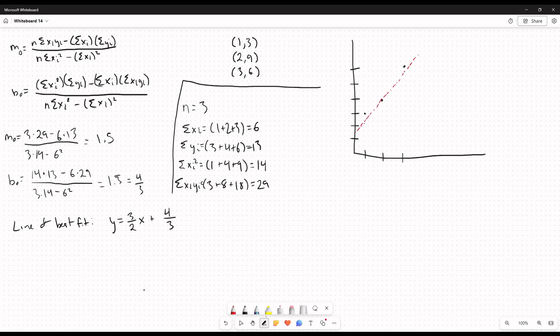Which I hope you sort of believe is kind of what I have drawn here. So does this have a slope of 3 halves? Sure. Does it have a y-intercept of 4/3? Why not? And as we see, it kind of snuggles itself in between these 3 points in a way that does minimize the distance quite well.